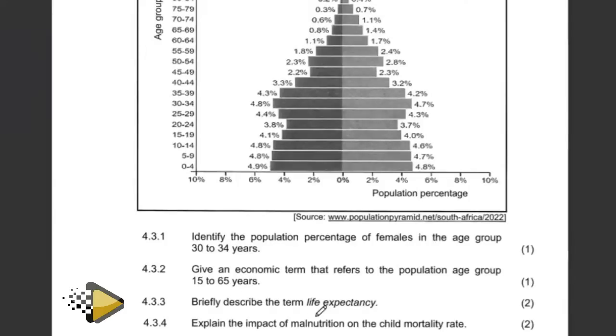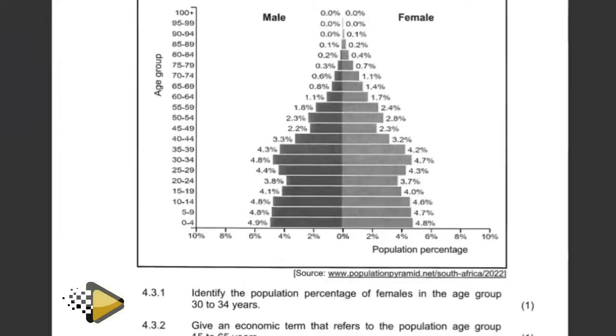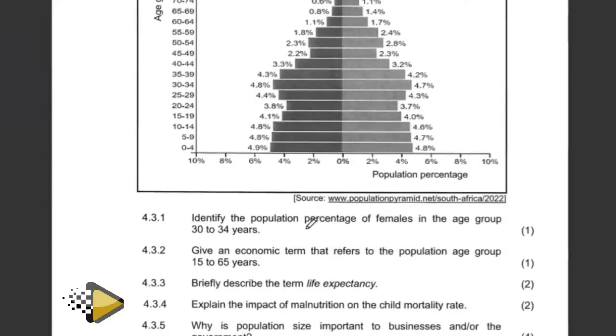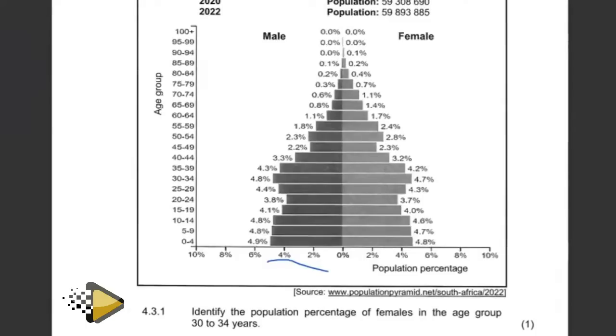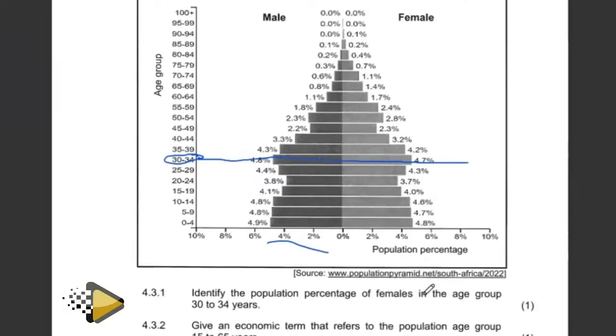So now let's check the age group. Identify the population percentage of females in the age group 30 to 34, meaning this is our 30 to 34.